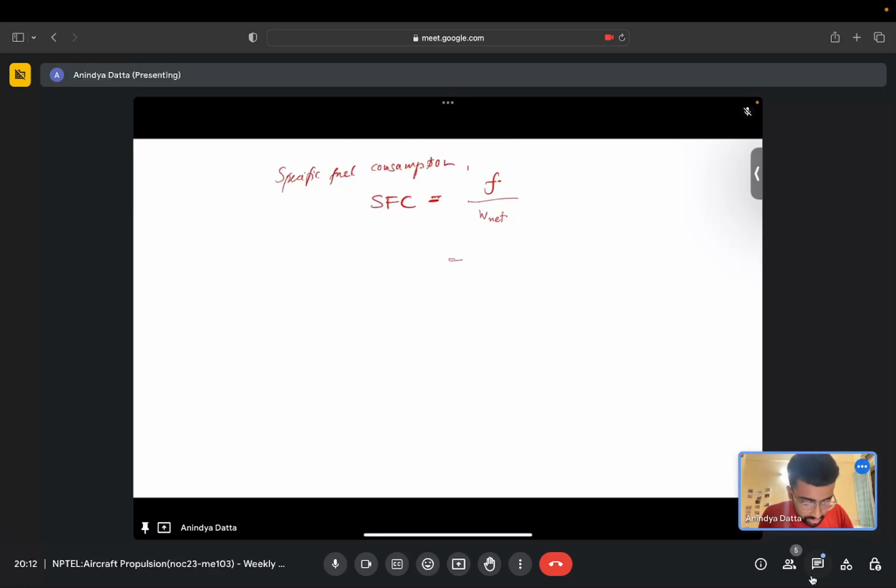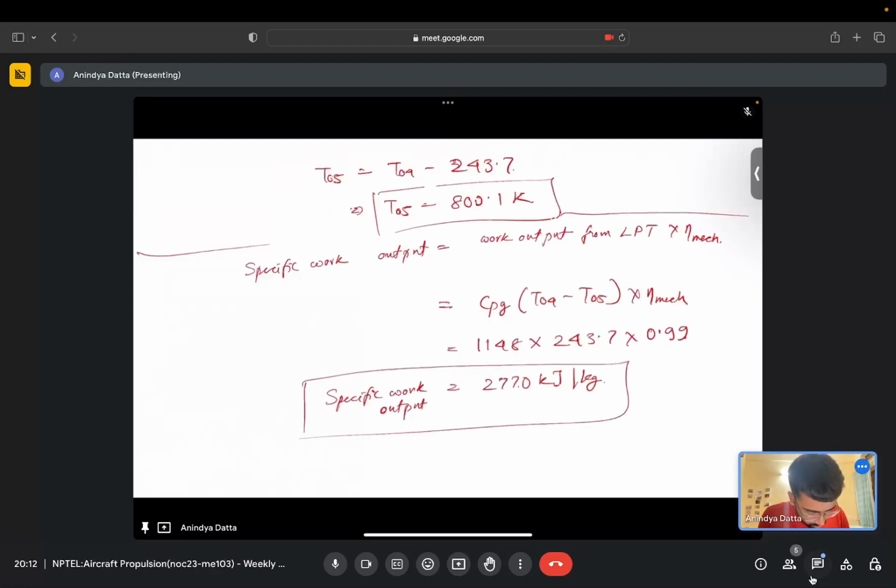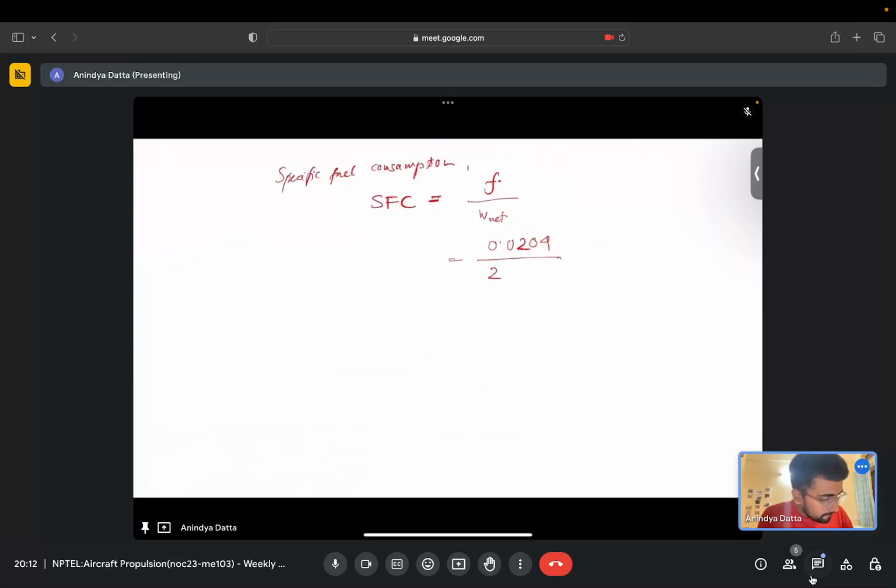The fuel-air ratio is given in the problem as 0.0204, divided by 2.277, which is what we computed. This is dimensionless, the fuel-air ratio, and this is in kilojoule per kg.